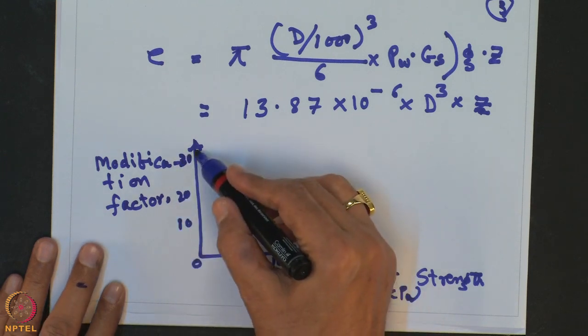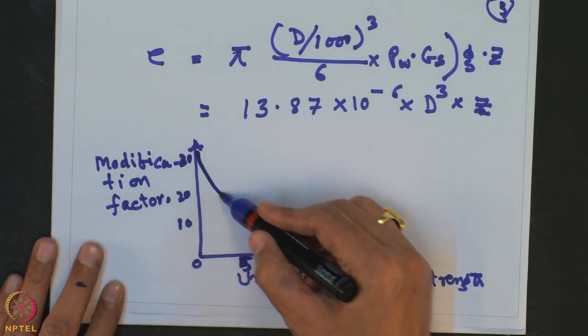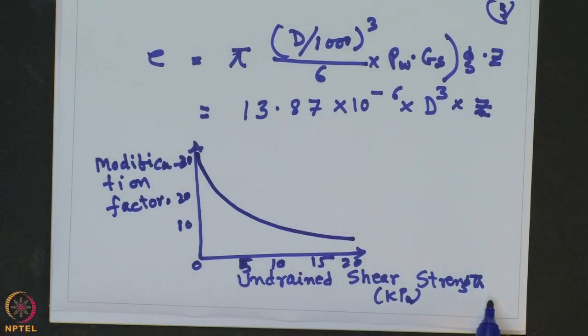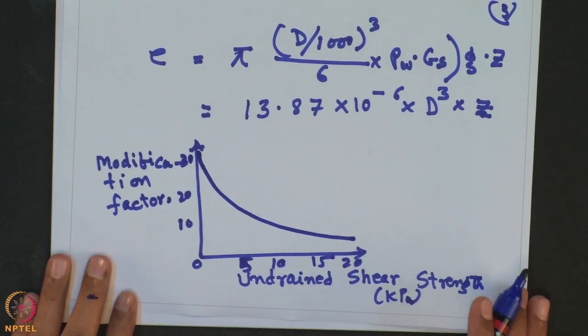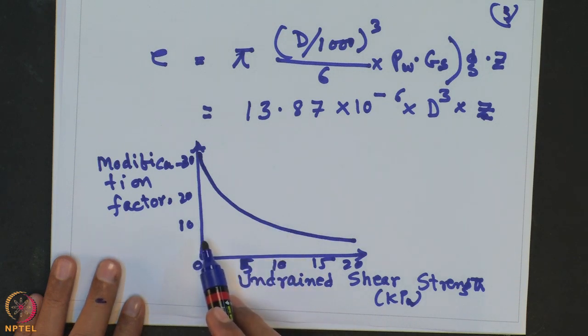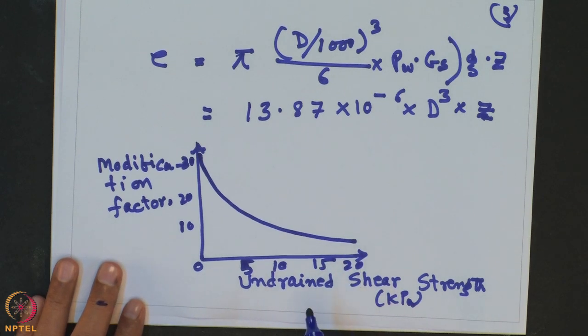So, you can have a curve like this. From this modification factor, you have to determine what will be the E required.